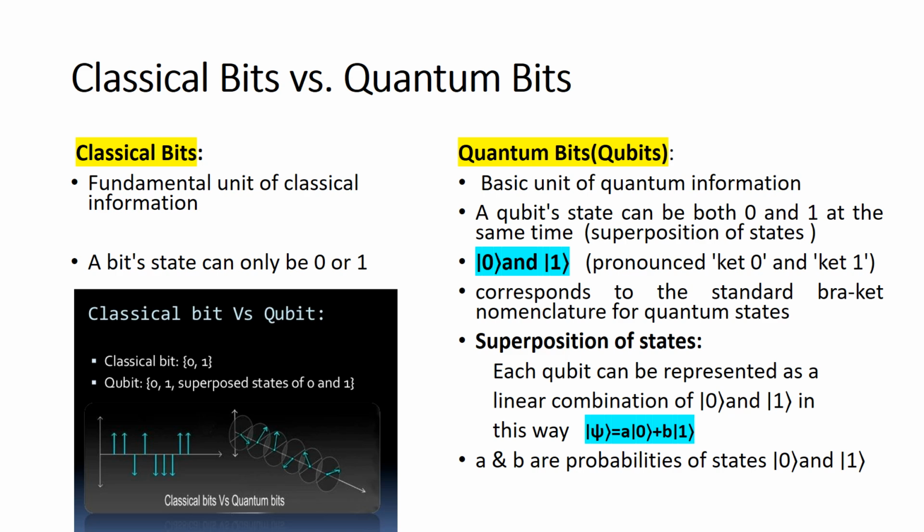So the superposition of states means each qubit can be represented as a linear combination of ket 0 and ket 1, as represented here as state ket psi is equivalent to A times ket 0 plus B times ket 1, where A and B are the probabilities of states ket 0 and ket 1 respectively.